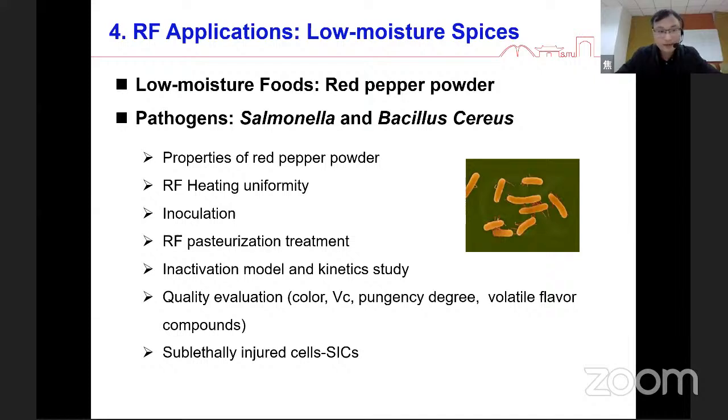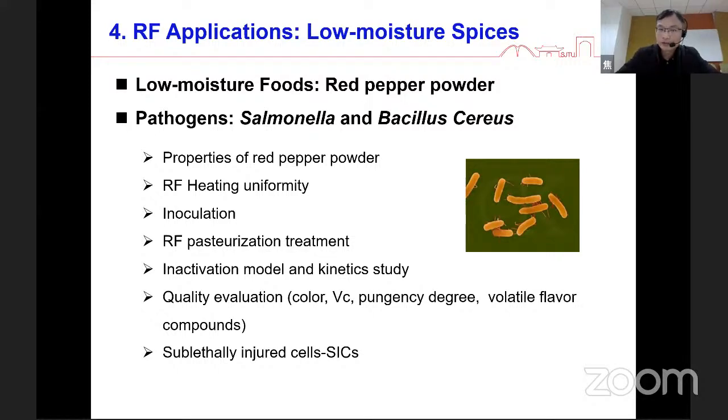Our target pathogens were Salmonella and Bacillus cereus. Salmonella is the most common one in low moisture food. And Bacillus cereus can generate spores inside the food. We all know that spores are really hard to kill and heat resistant, not only to thermal treatment, but also to most non-thermal treatments. So it's really hard to kill the Bacillus cereus spores.